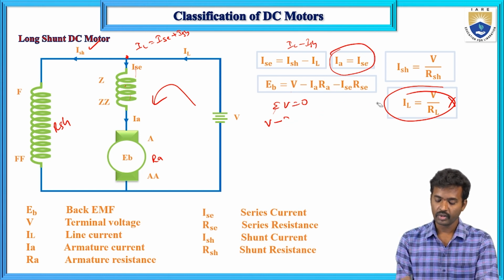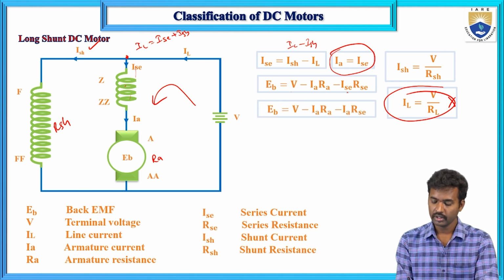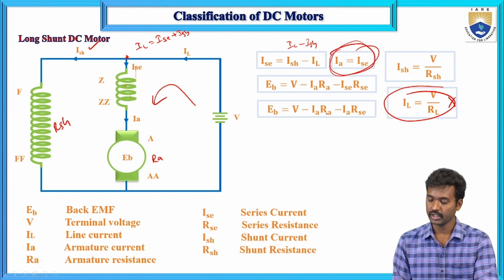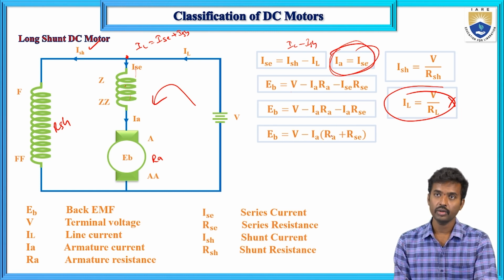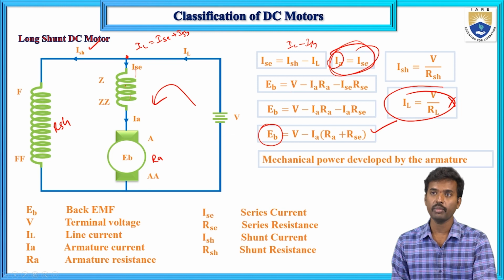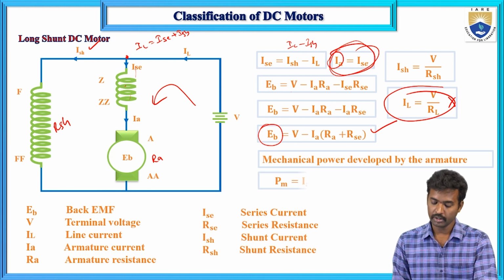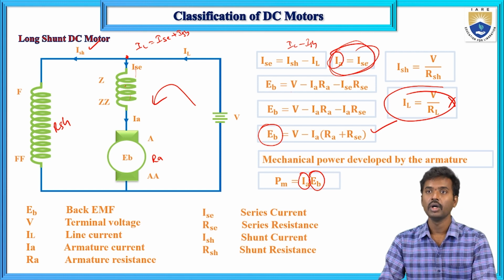Since I series and IA are the same, take IA common: EB equals V minus IA times (RA plus R series). This is the back EMF. Knowing EB and IA, we can calculate the mechanical power developed by the armature, which equals EB into IA.